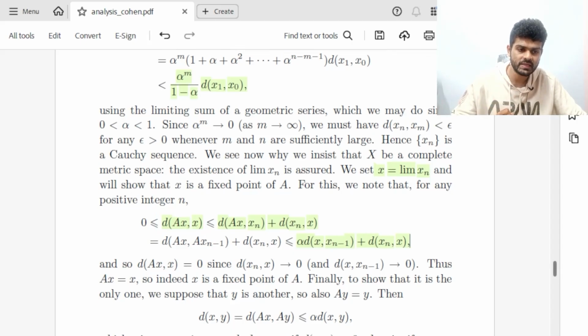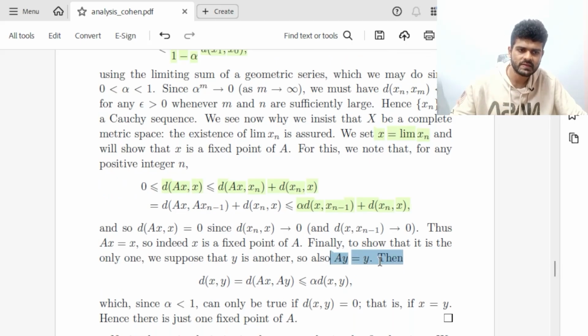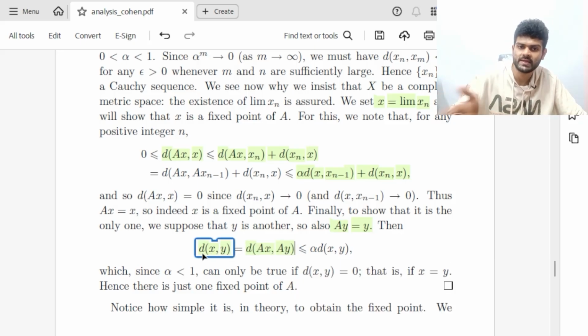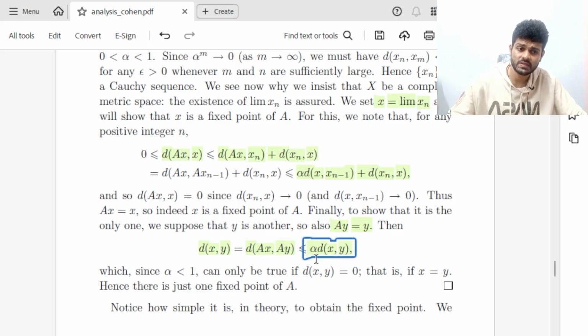Now, how do you show uniqueness? It's simple. Assume that there's some other fixed point y, Ay equal to y. Now you just need to calculate the distance between x and y. That's nothing but the distance between Ax and Ay, because x is a fixed point, so x is Ax, y is Ay. That's bounded above by alpha times the distance xy, by contraction. This gives us a contradiction, because how can the distance xy be less than alpha times the distance xy, where alpha is less than 1?